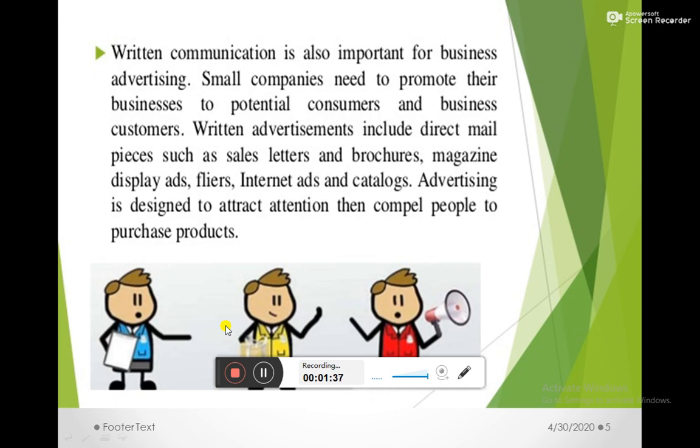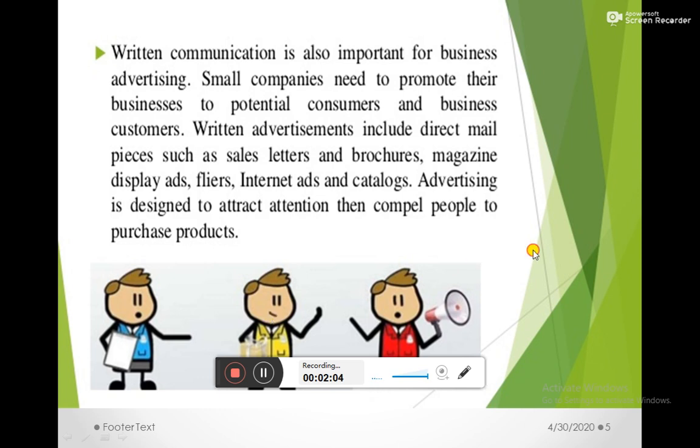Written advertisements include direct emails, letters, brochures, magazines, display advertisements, flyers, internet advertisements, and catalogs. Advertising is actually designed to attract attention and to compel people to purchase the products.